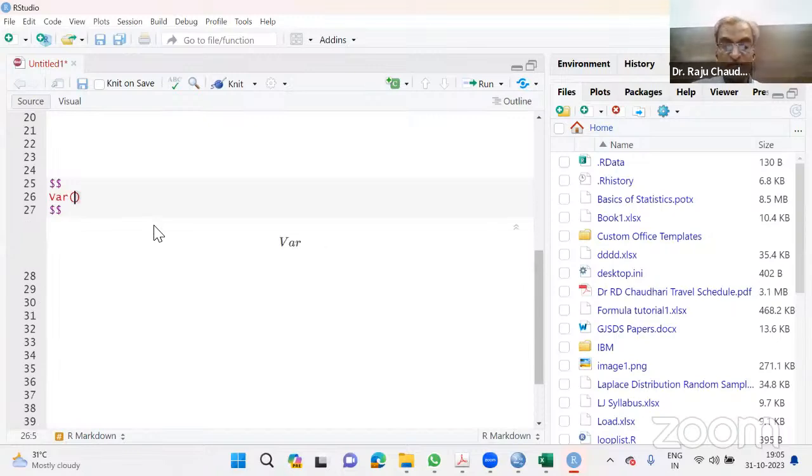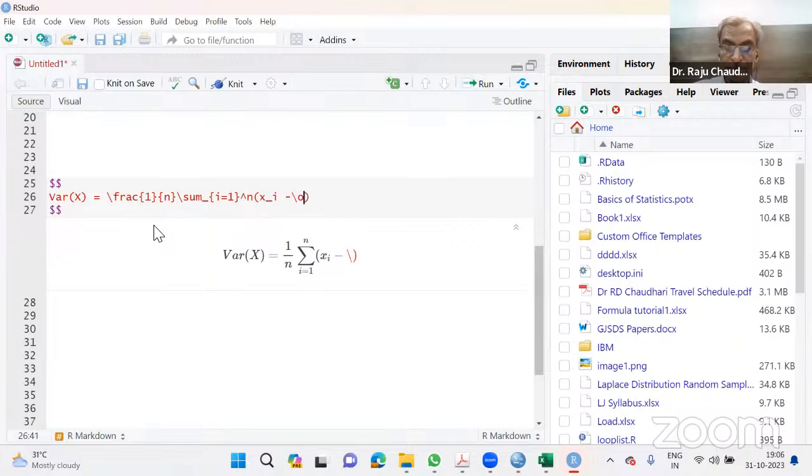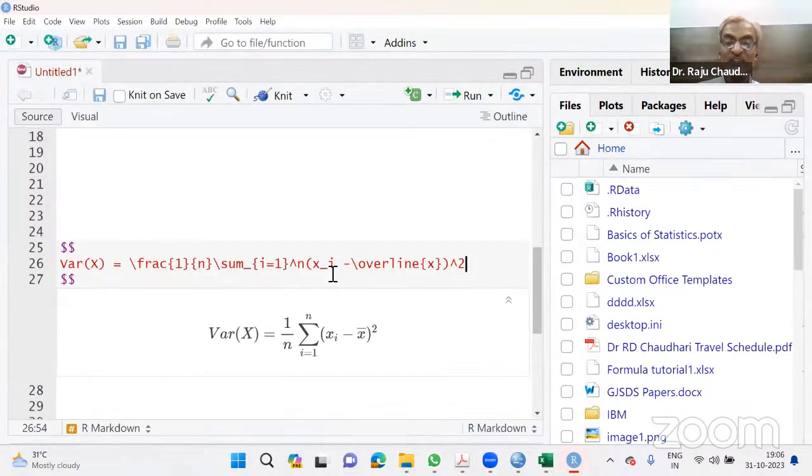So variance of x equal to, this is the formula, right? Now what does this formula give you?